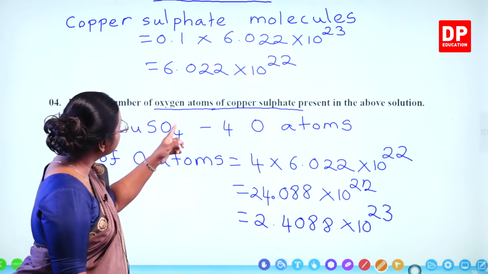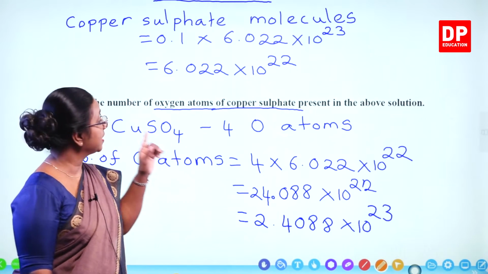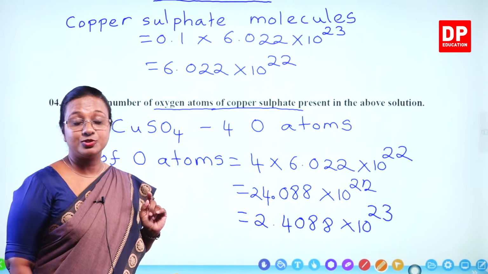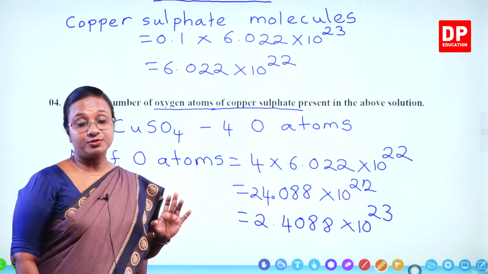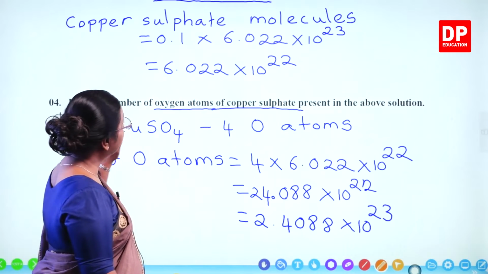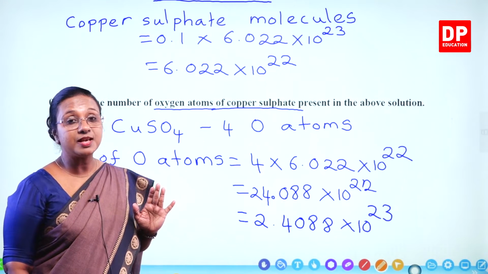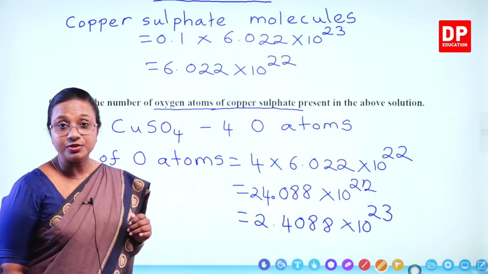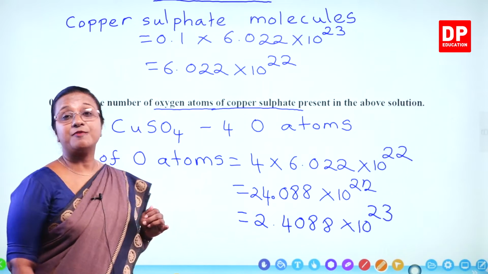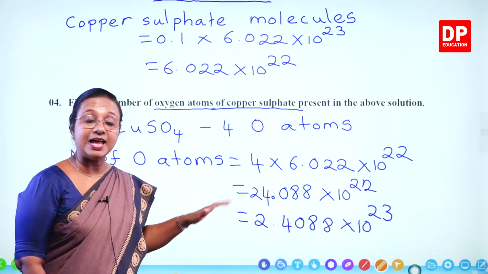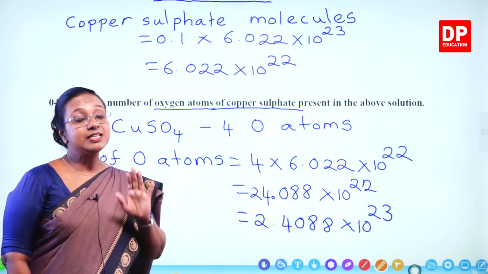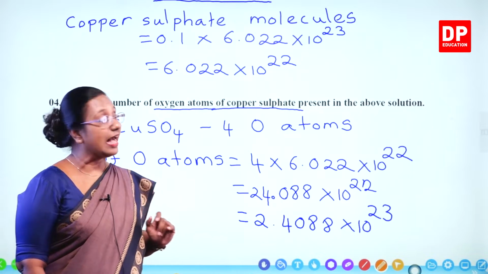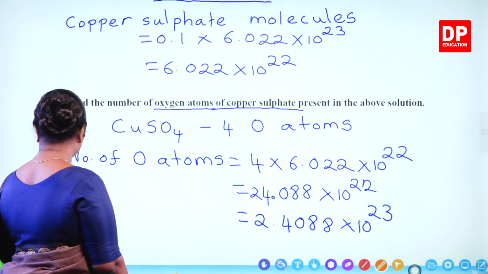So that is the number of oxygen atoms present in copper sulfate that is present in the solution. Is that clear to you all now, students? First we calculated the number of moles of copper sulfate, then the number of copper sulfate molecules, and then the number of oxygen atoms present in that solution, not considering the water molecules. With that, I will move on to the next one.